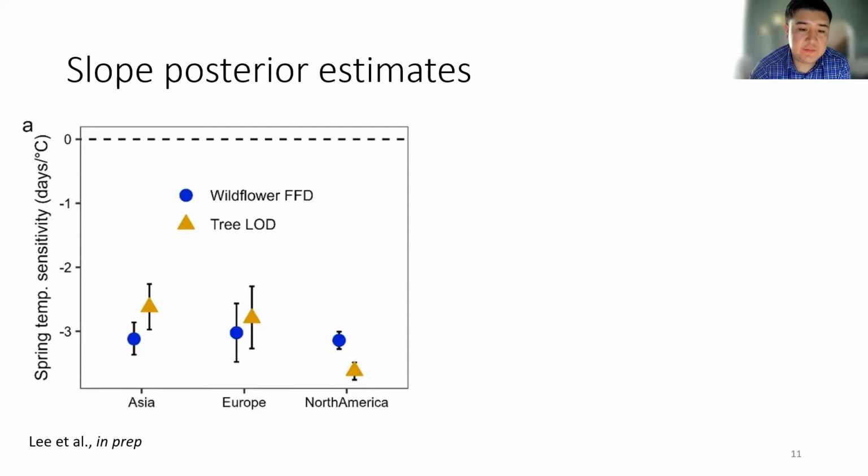So looking at the left. Importantly, we also see that there are no significant differences. So just looking at the blue circles here, there are no significant differences in wildflower flowering, but trees in North America were significantly more sensitive to spring temperature compared to those in Europe and Asia as well.